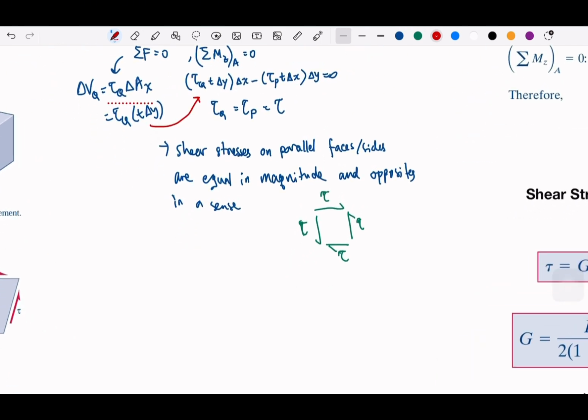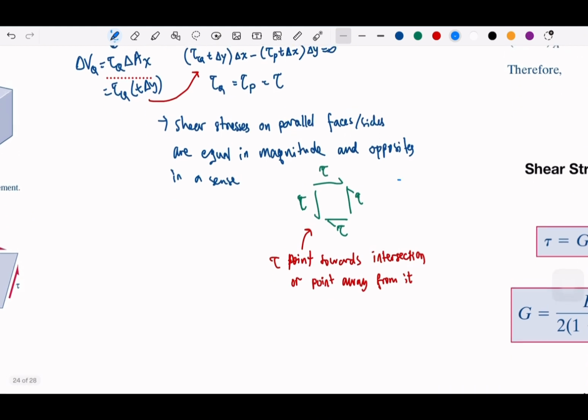Okay, so the tau should point towards the intersection or point away from it, depending on the direction.